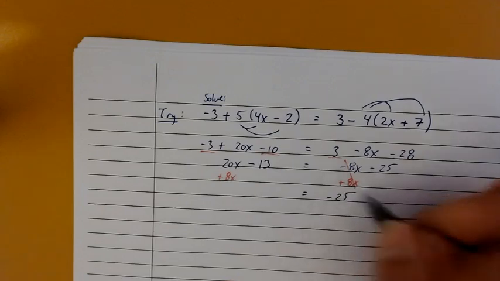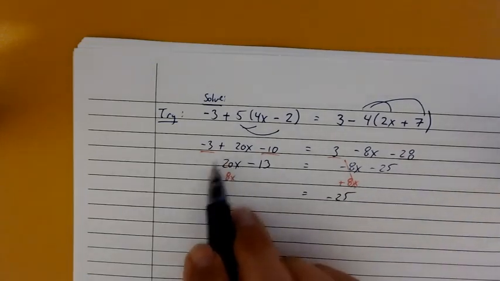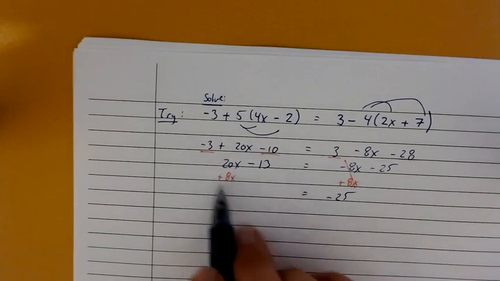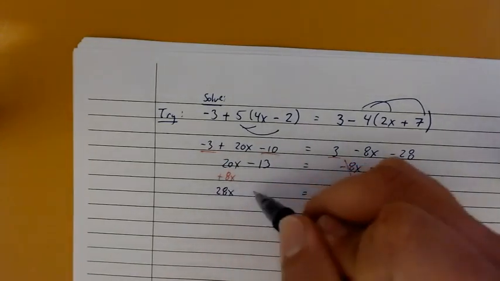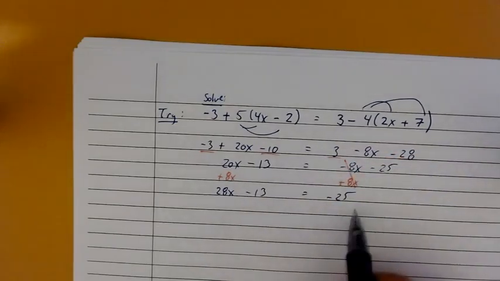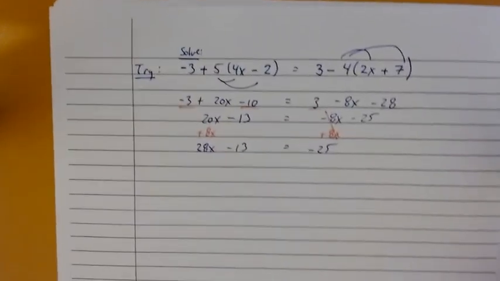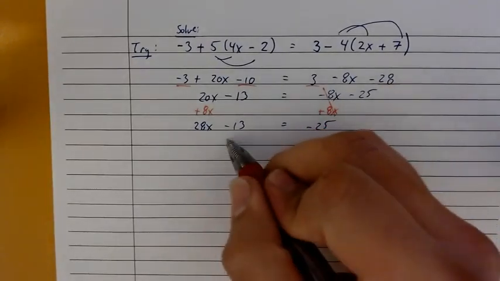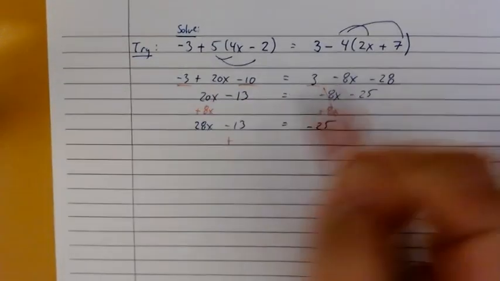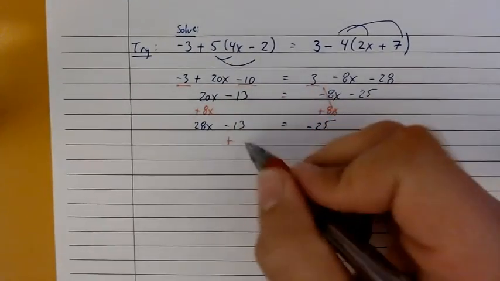It's going to leave us just our minus 25. Adding 8x on this side gives us two like terms that we can combine. So 28x minus 13 is equal to negative 25. And now we're down to a nice simple equation to solve. Simple, relatively speaking, compared to what we have above.